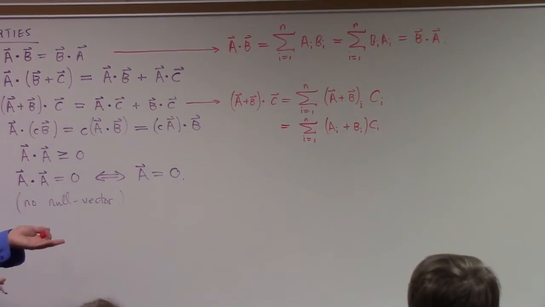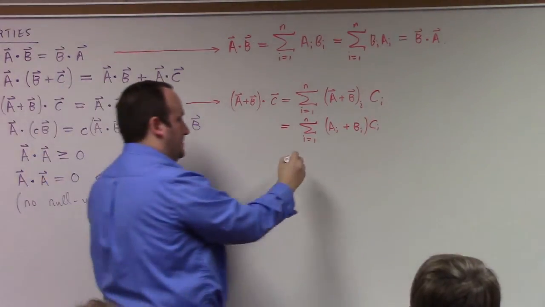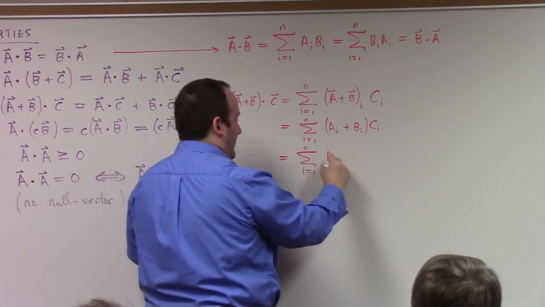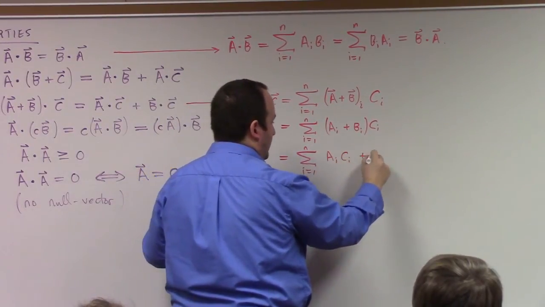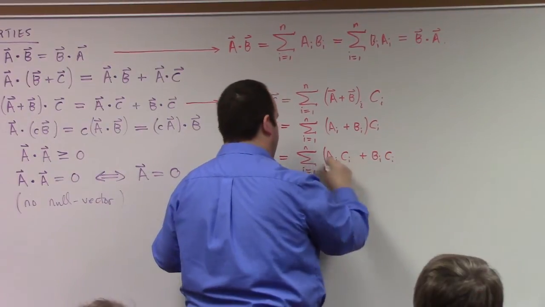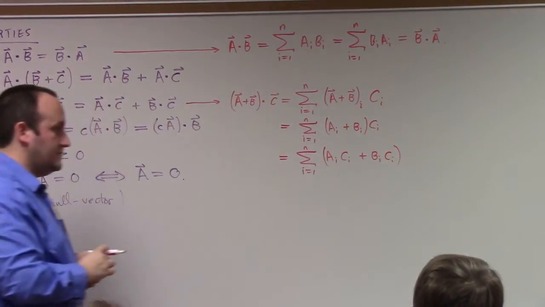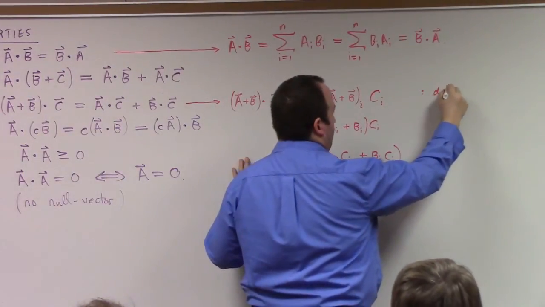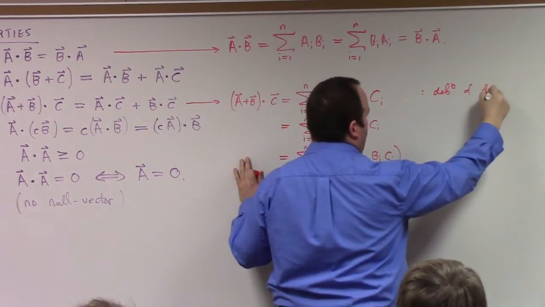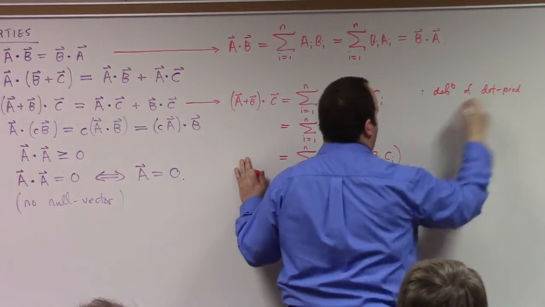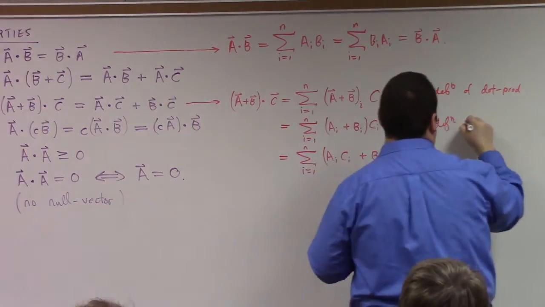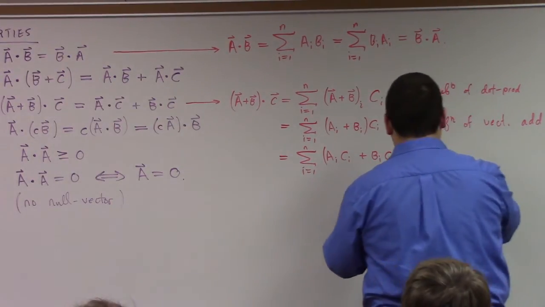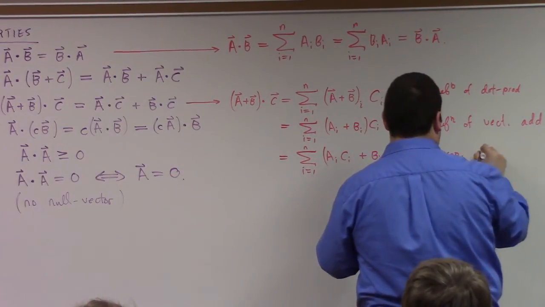But then these are real numbers, so we can distribute. So we can write the sum of a_i c_i plus b_i c_i. So again, just to give you the reasoning, here is the definition of dot product. This one is the definition of vector addition. This one here is just a property of real numbers.